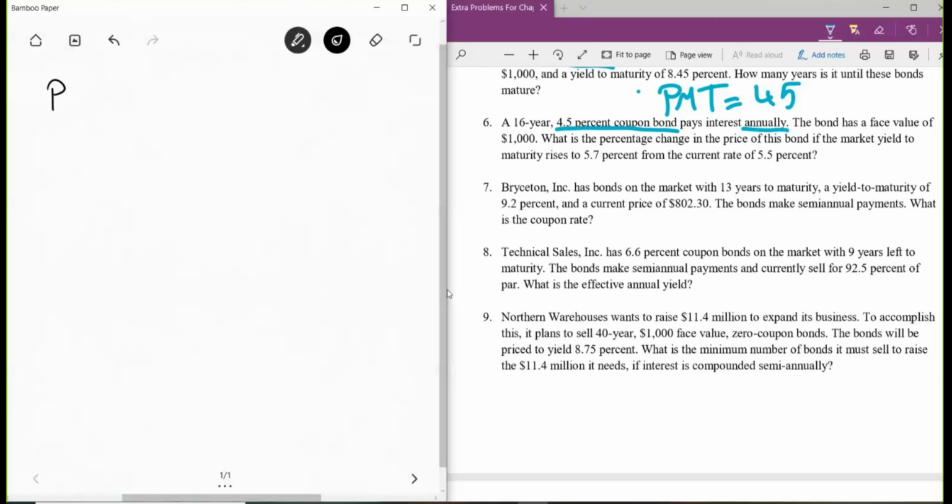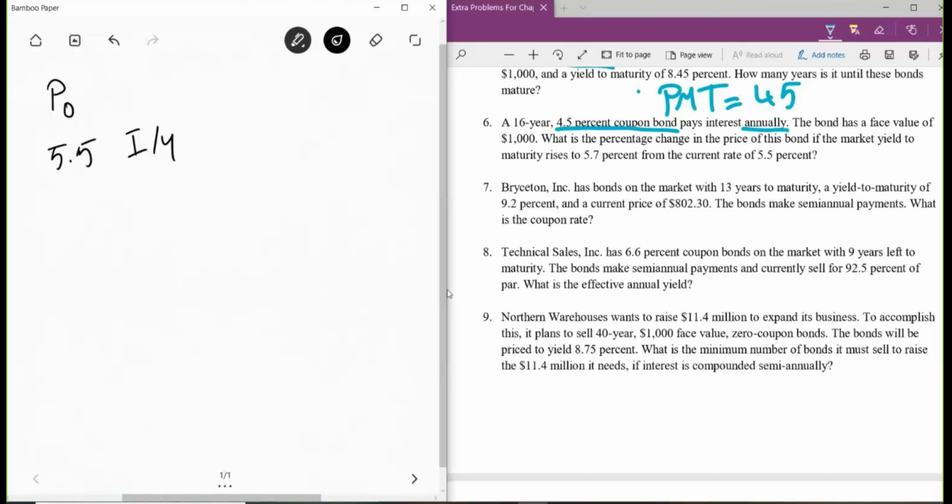So for this problem, I need to find the price P0, and this is when the yield to maturity was 5.5%. So 5.5, this is IY.